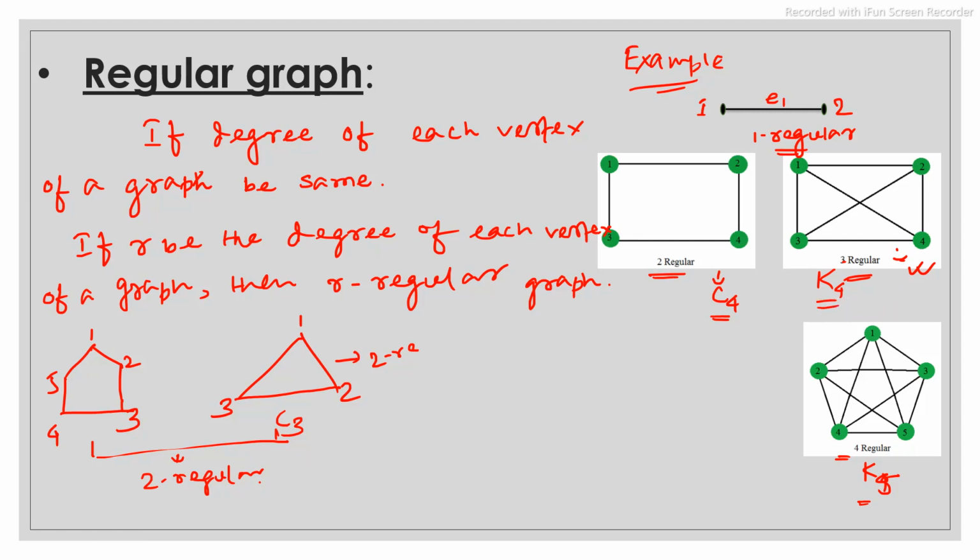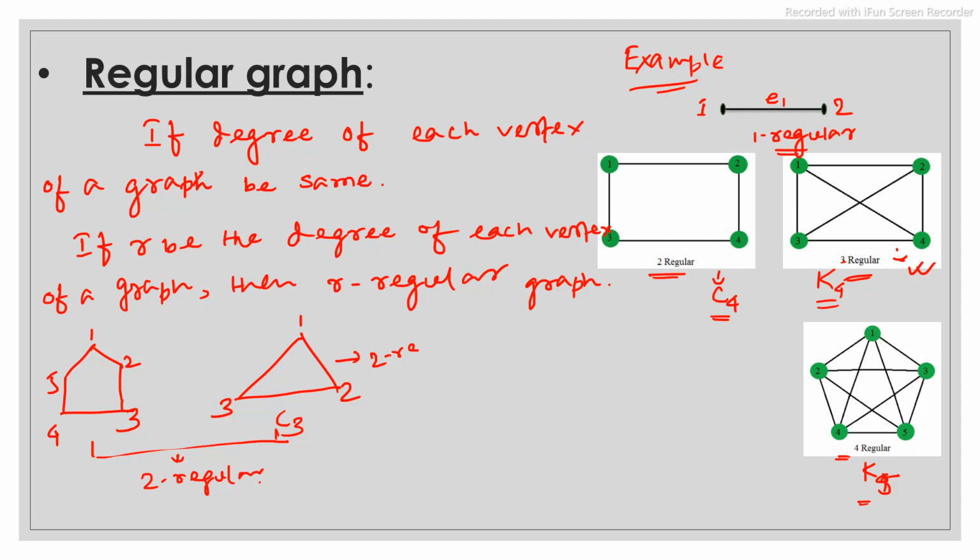Similarly, if we draw K5 or K6, all the complete graphs are regular graphs, because each vertex is adjacent to every other vertex, and the maximum number of possible edges are connected.